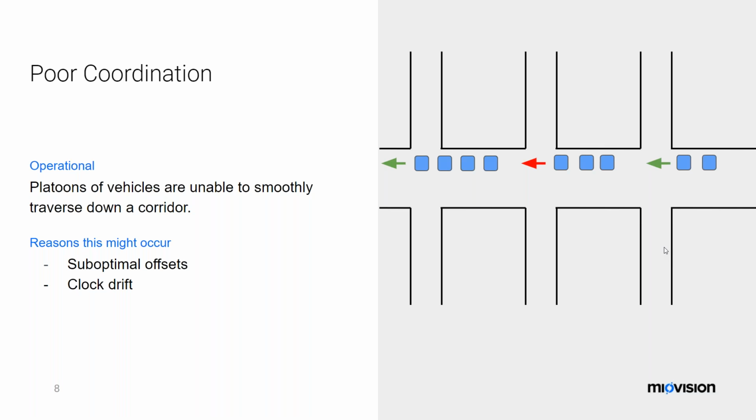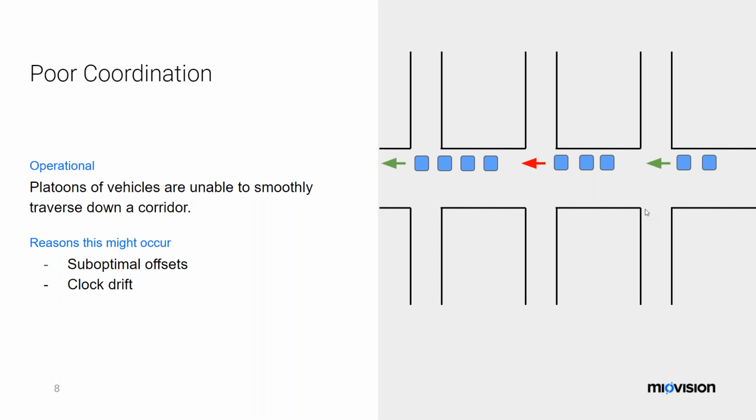The last issue that it identifies, which is based on corridors, is around poor coordination. Essentially the operation that we would expect in a coordinated corridor would be platoons of vehicles are actually able to smoothly traverse down a corridor. But in a poor coordination issue, this is not true. We see this in the time-space diagram where maybe there are suboptimal offsets.